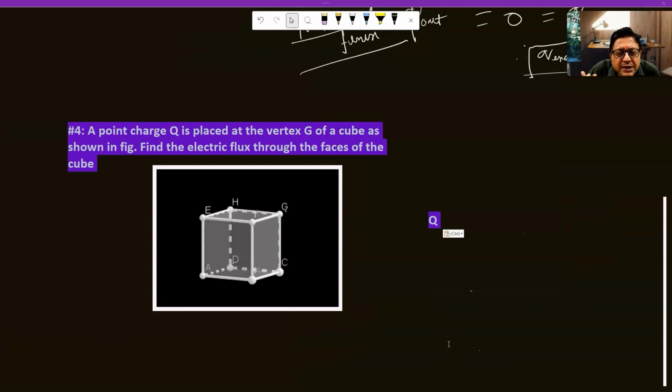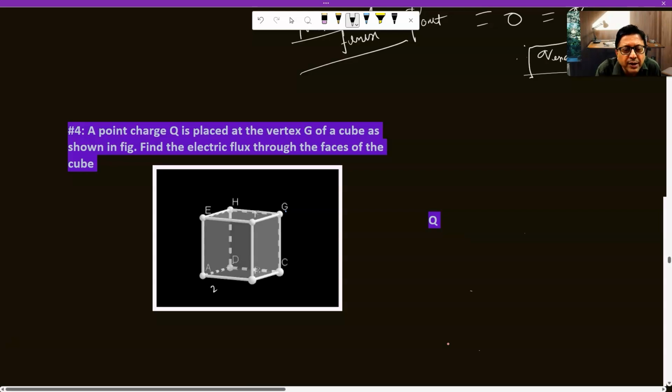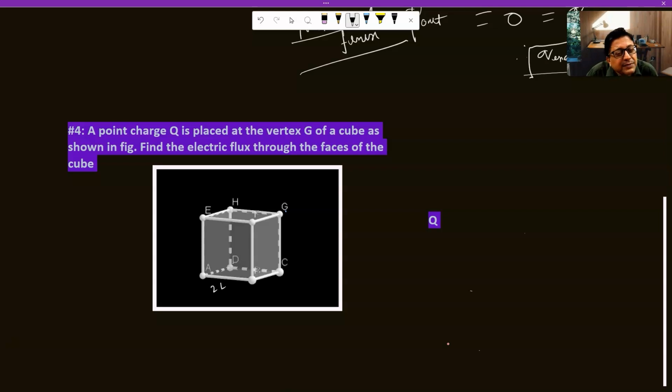This question has a link with previous ones. It's going to be a very interesting question: there is a small cube of side length, say, 2 unit, or 2L. You take side length 2L, or you can take L also, it doesn't matter. Charge Q is placed at the vertex G of a cube. I did not mention inside or outside or at G only.